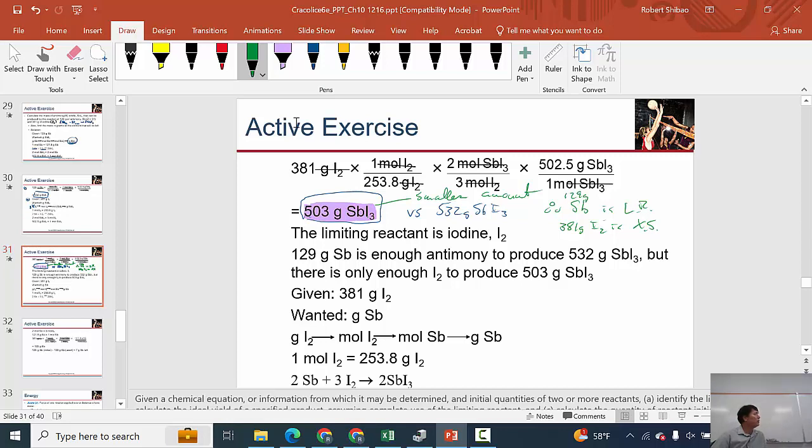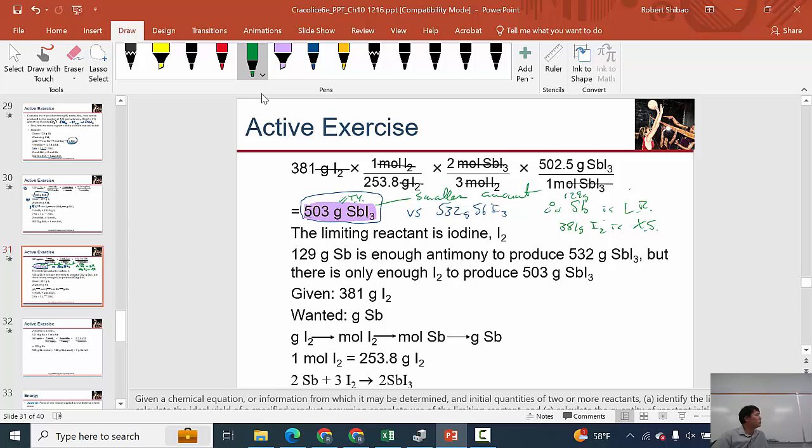And so the theoretical yield is 129 grams. Oh no, that's not the, sorry. What is the theoretical yield? The theoretical yield is the smaller amount, 503 grams. This is our theoretical yield. It's impossible to get 532 grams because we'd run out of antimony before running out of iodine.